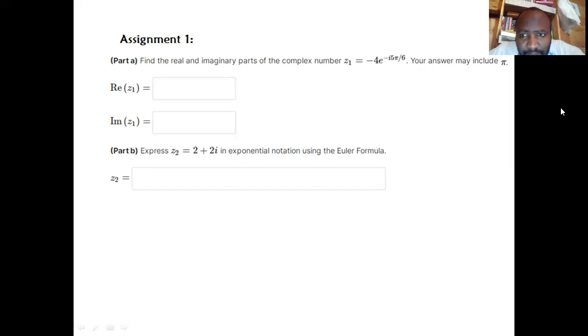That one. Your answer may include pi. So you are given a complex number and you are asked to find the real part and the imaginary part.